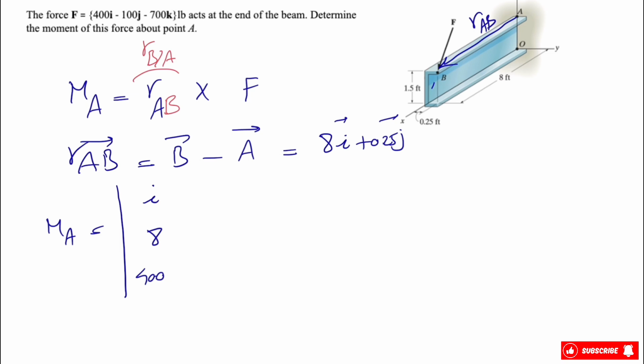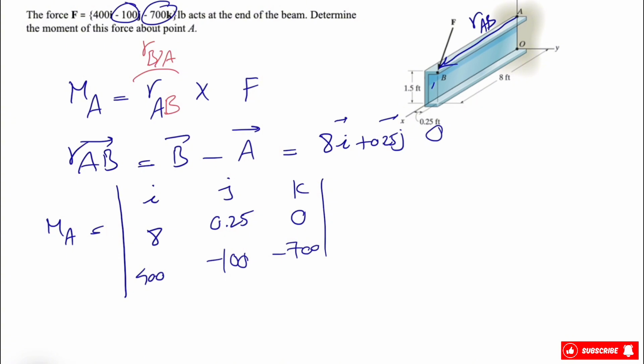The second row would be J, so we have 0.25, and the force will be what we have in here, minus 100, and the last column is K. Again, second row would be R, which has no K component, so it will be 0 in here. And we have minus 700 for the force.